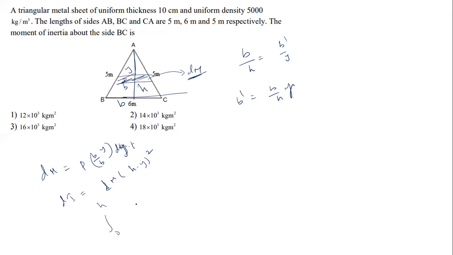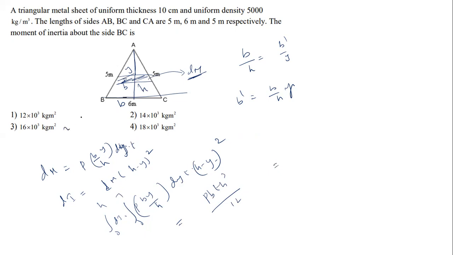So substitute the dm value here: rho b y by h into dy into t into h minus y square. Clear, this is dI. Then simplify, you will get rho b t h cube by 12, and substitute, you will get the answer around this one.